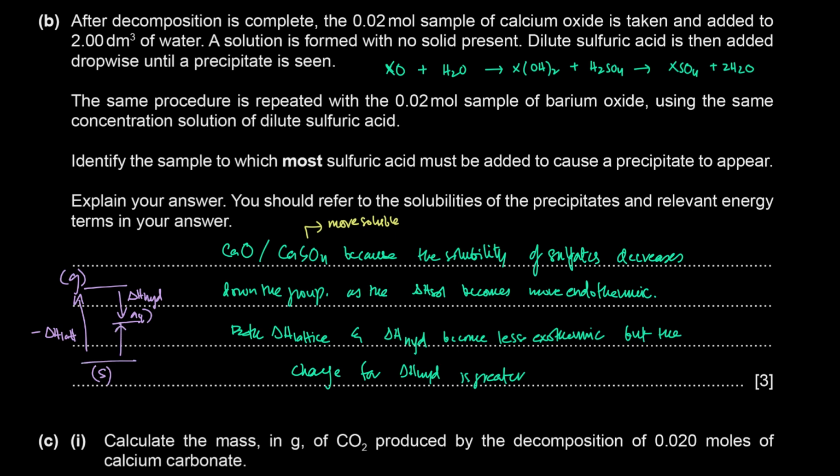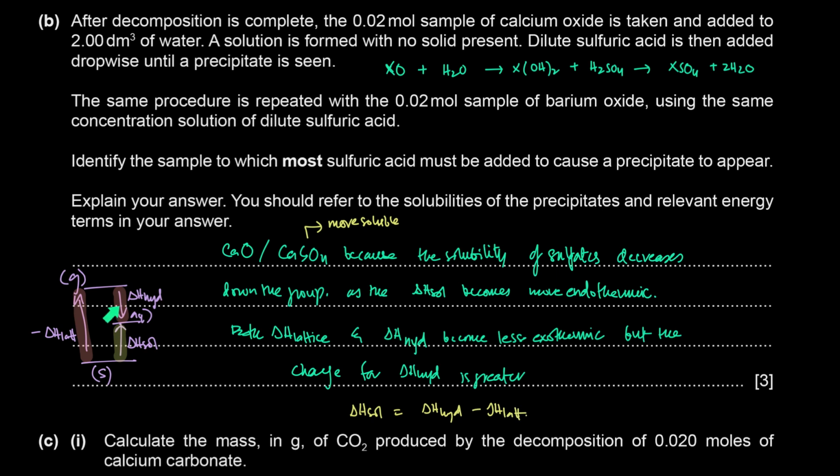The overall change from solid to aqueous is delta H solution. So we can say that delta H solution is equal to the delta H of hydration minus the lattice enthalpy.